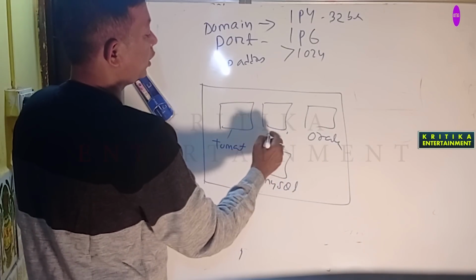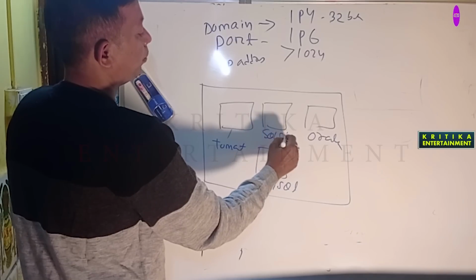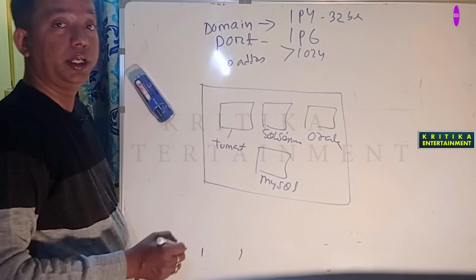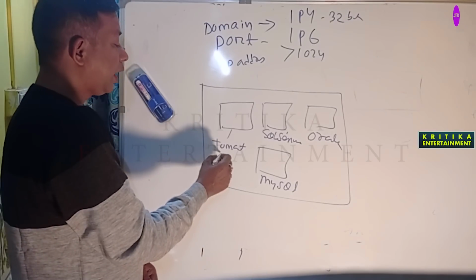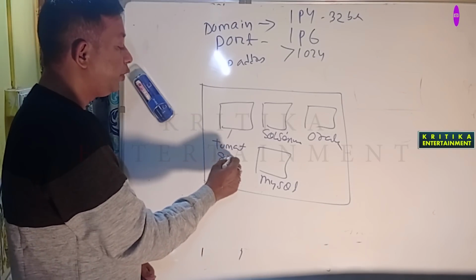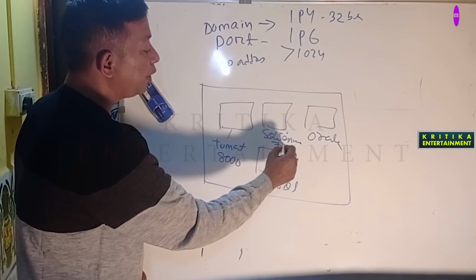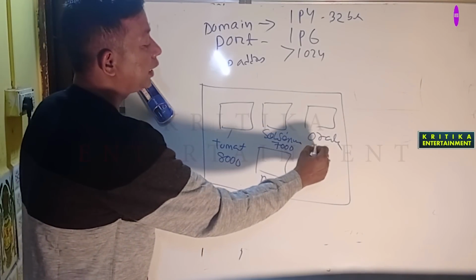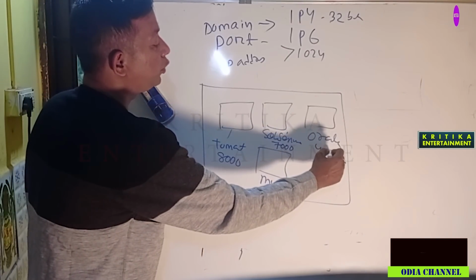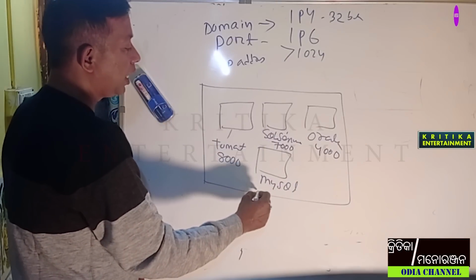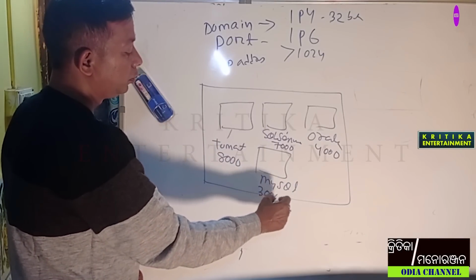I assign Tomcat the port 8000, SQL Server 7000, Oracle 4000, and MySQL 3000.